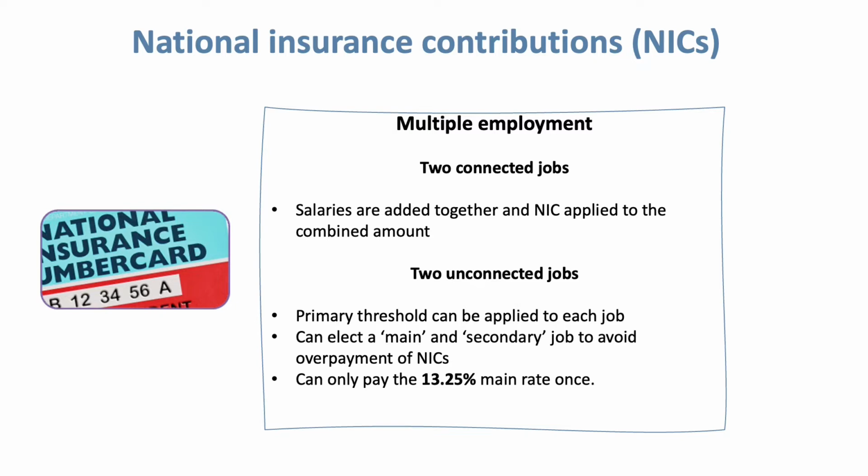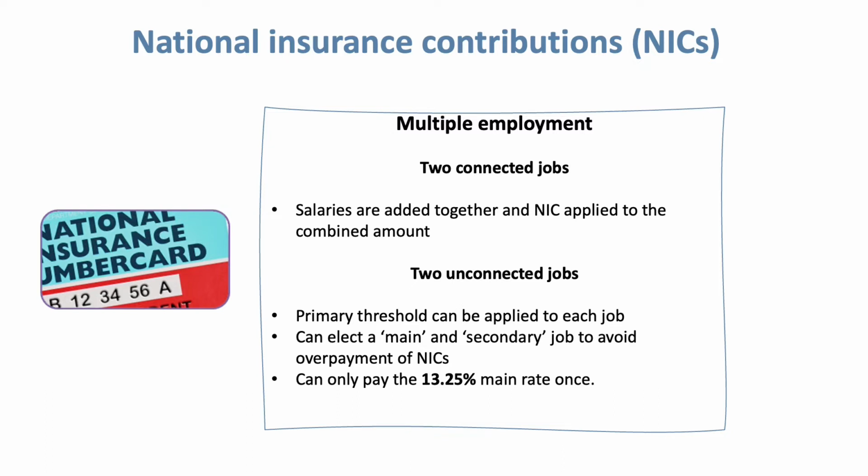So where you have two connected jobs, well, that's straightforward enough. You simply add the salaries together and put the combined salary into the tax funnel, and away you go, applying the various rates of primary thresholds and upper earnings limits, etc., to your NIC bill. So if they are connected, then essentially they're pooled.